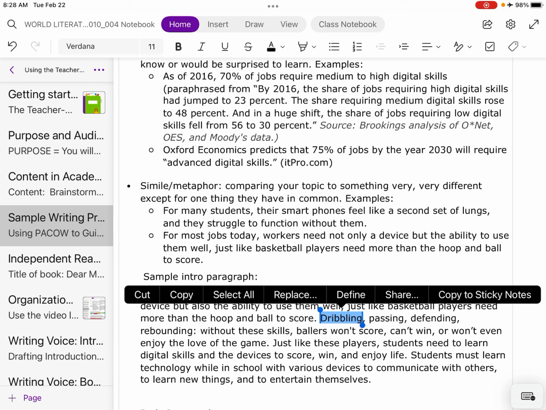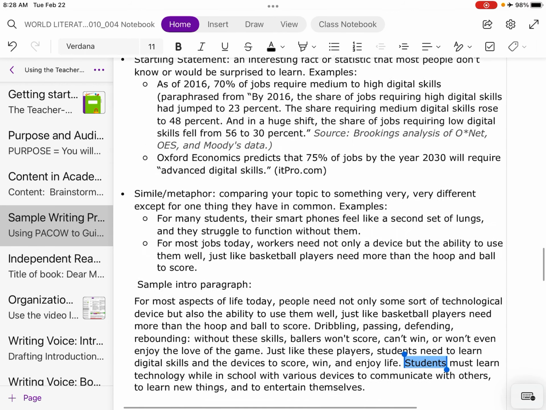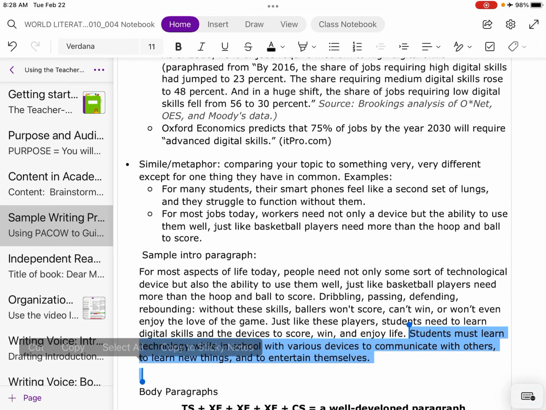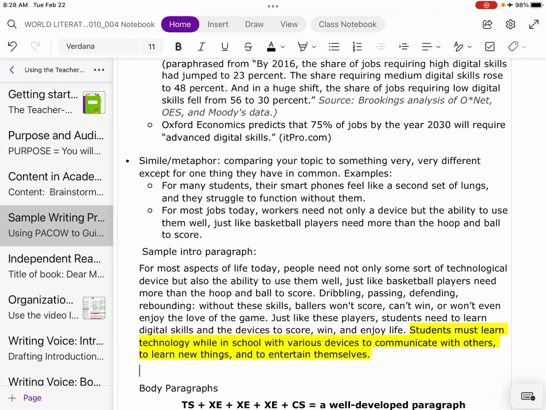Without these skills, ballers won't score, can't win, or won't even enjoy the love of the game. Just like these players, students need to learn digital skills and the devices to score, win, and enjoy life. Students must learn technology while in school with various devices to communicate with others, to learn new things, and to entertain themselves. So you notice that my last sentence there is my thesis, okay?